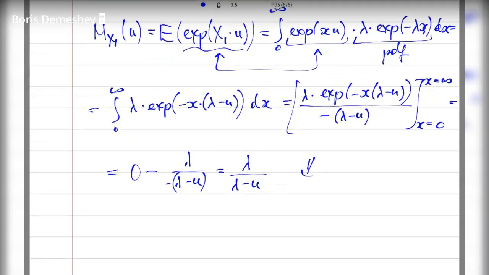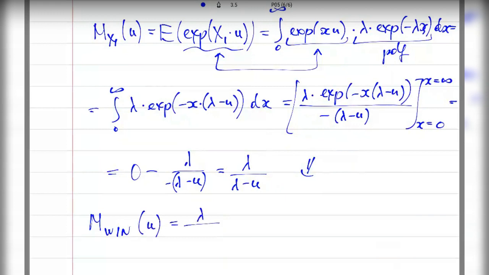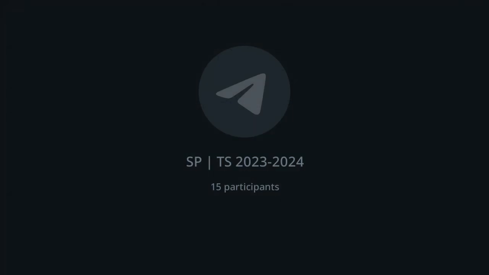And we have the conditional moment generating function of W when the number of terms is fixed, and it will be lambda over lambda minus u, to the power n. So we have solved point A. We have 4 marks, yeah, 4 credits for this.